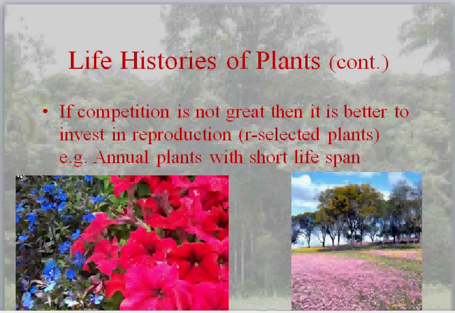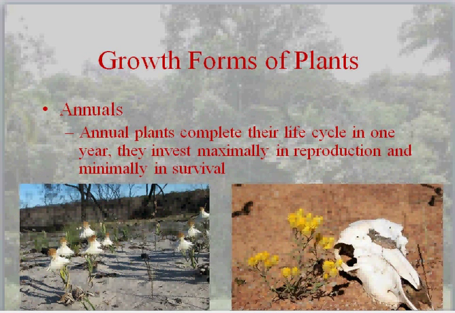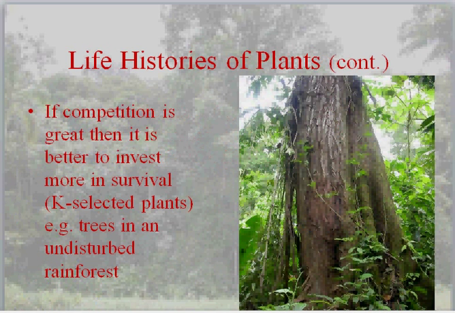Right, so we have our two main strategies of survival, trying to build a body which is very competitive and able to access enough resources through that competition to be able to reproduce, which can take a lot of time and build some very large and spectacular bodies like trees in a tropical rainforest.